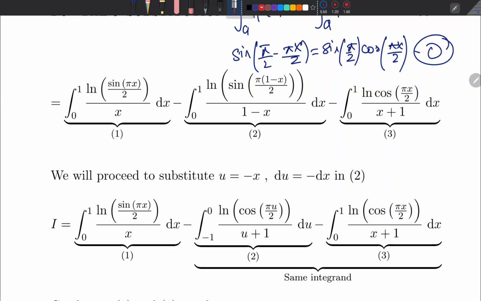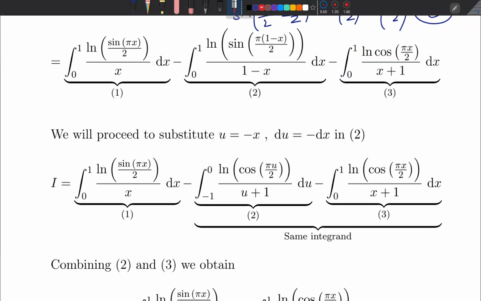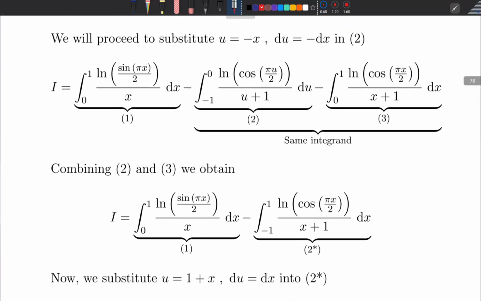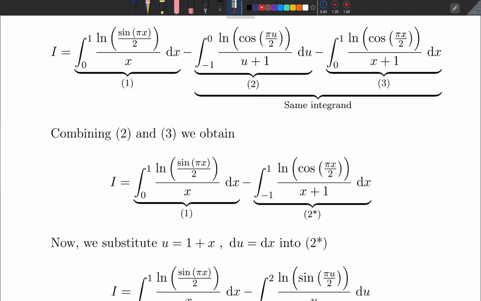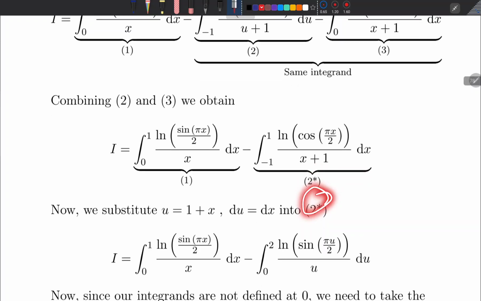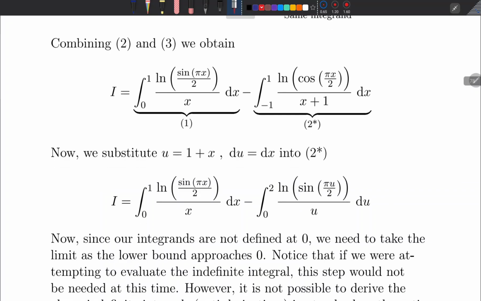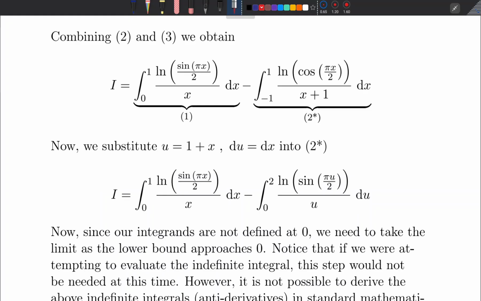So it's kind of useful, you can say. We have the integral from -1 to 1 of the natural logarithm of cosine of pi x over 2 over x plus 1. Now we substitute u equals x plus 1, in this integral.